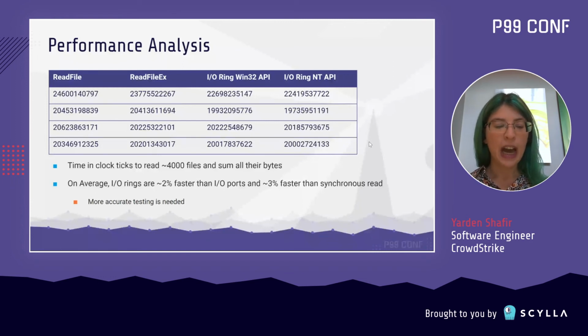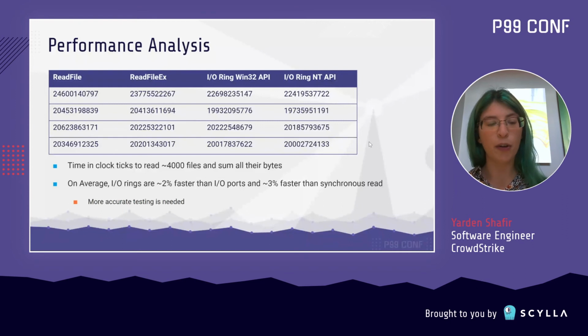But basically, I wrote a pretty simple code that read around 4,000 files and then sort of fake hashed them. By fake hash, I mean I just made a sum of the values of all the bytes of all the read data just to process the files in some way.